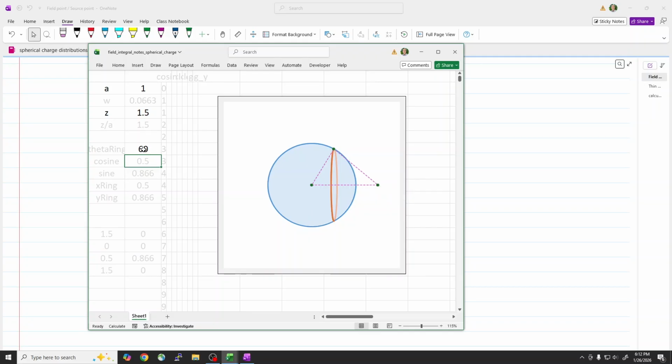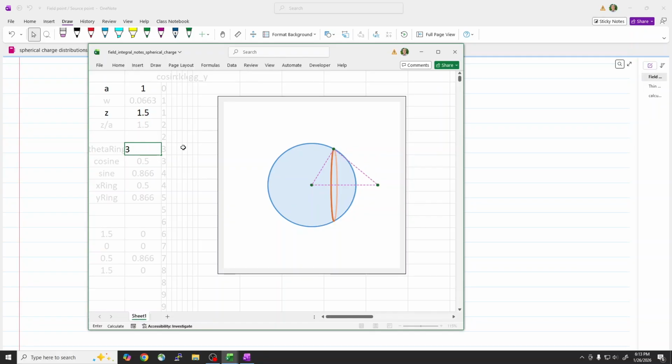And then we have theta, 60 degrees, from the z-axis over to this line from center to source point. I'm also showing a ring because we'll see that for source charges along this ring, only the z component of electric field will survive. The x and y components cancel by symmetry.